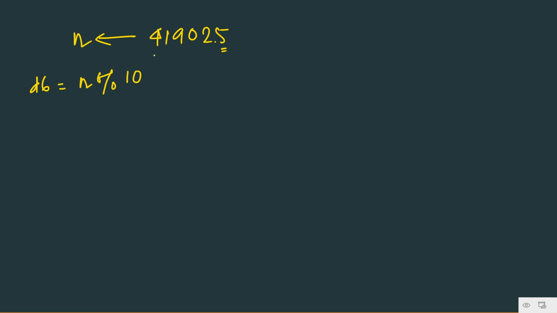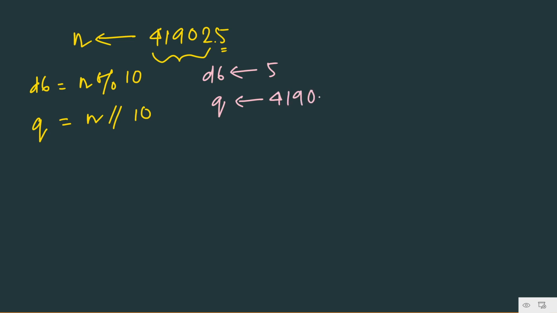Now how do we isolate the remaining part, the quotient? All we do is integer division. n divided by 10 will give us the quotient, which is 41902. So D6 has the value 5, and the quotient q has the value 41902. By the way, just like in the previous approach, you could have named this n.